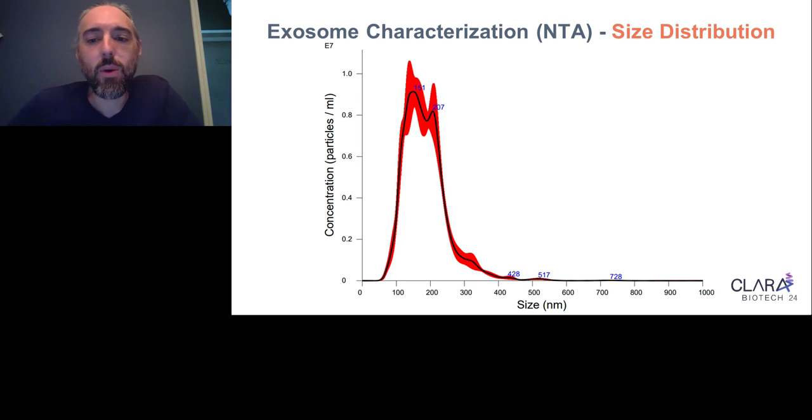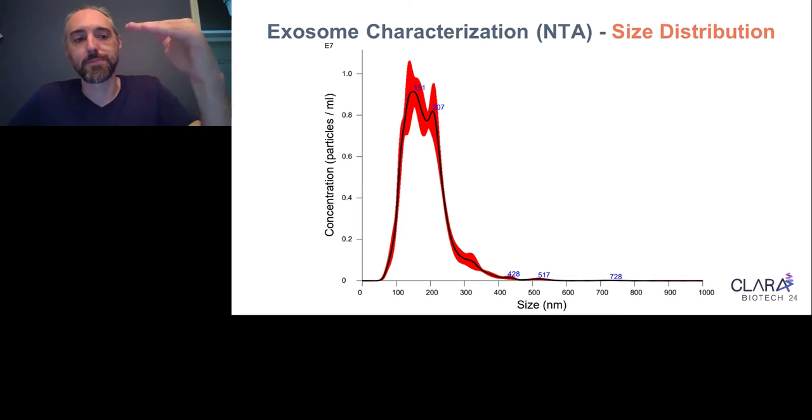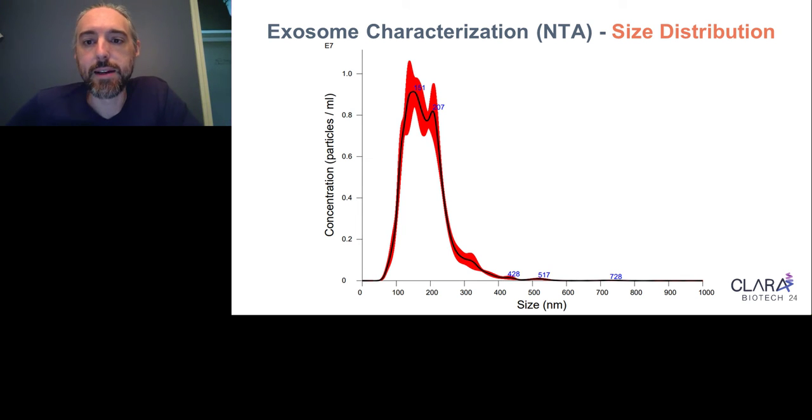Now, what I want you to see is that we have a very narrow band around 100 to 300 nanometers showing the concentration of particles. When you look at other methods, you see a much larger noise around this sort of bell curve, if you will.